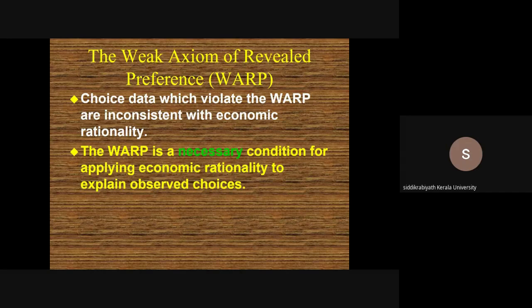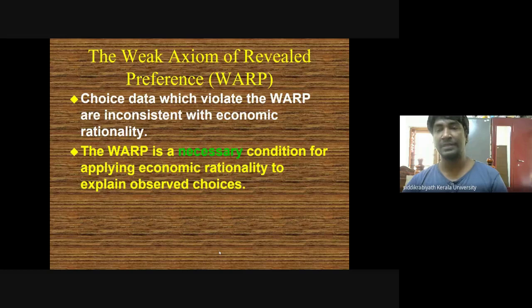So the point is very simple. Even if you have an indirect possibility, that indirect possibility makes your theoretical formulation stronger. That is why we call the other one the strong axiom of revealed preference, rather than this one. This is the weak axiom of revealed preference. So the weak axiom of revealed preference is a necessary condition for applying economic rationality to explain observed choice.